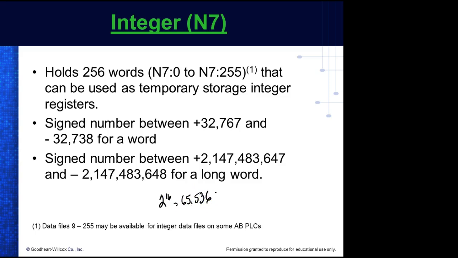Just take the base and raise it to the number of bits. Why are we limited between 32,700, which is half of it, 32,768? What's one half of 65,536?